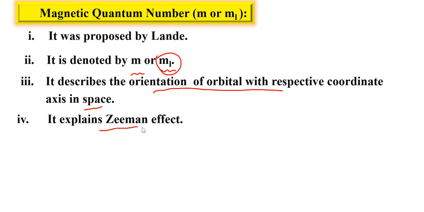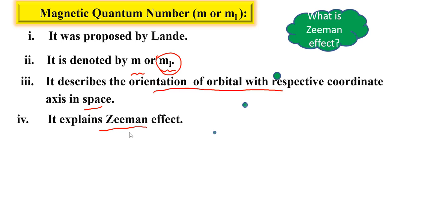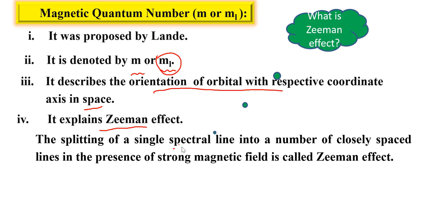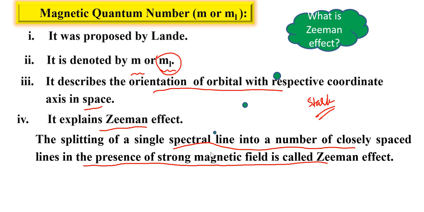It explains the Zeeman effect, and it explains the Stark effect also. What is the Zeeman effect? We learned the Zeeman effect in the limitations of Bohr's atomic model. The splitting of a single spectral line into a number of closely spaced lines in the presence of a strong magnetic field is called the Zeeman effect. In the presence of an electric field, it is called the Stark effect.